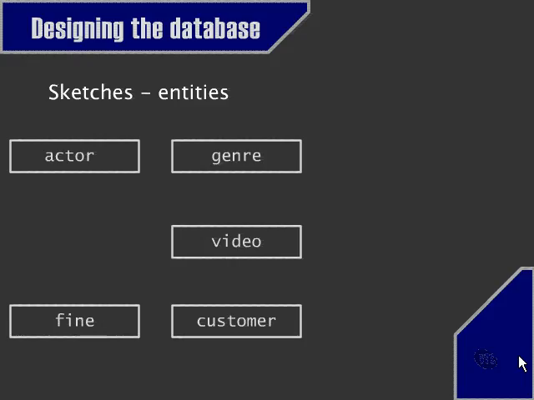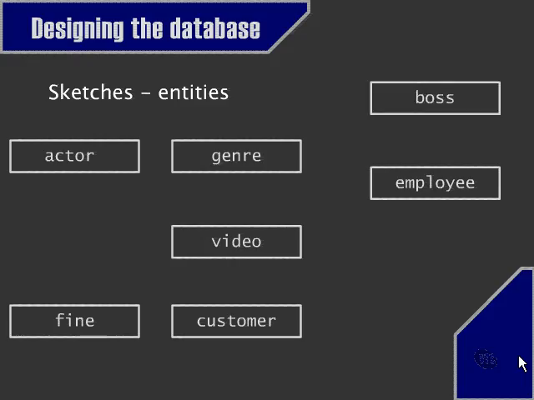Another possible entity is the fine that the customer has to pay. That could be an important one. And we also have the employee entity and perhaps the boss entity.